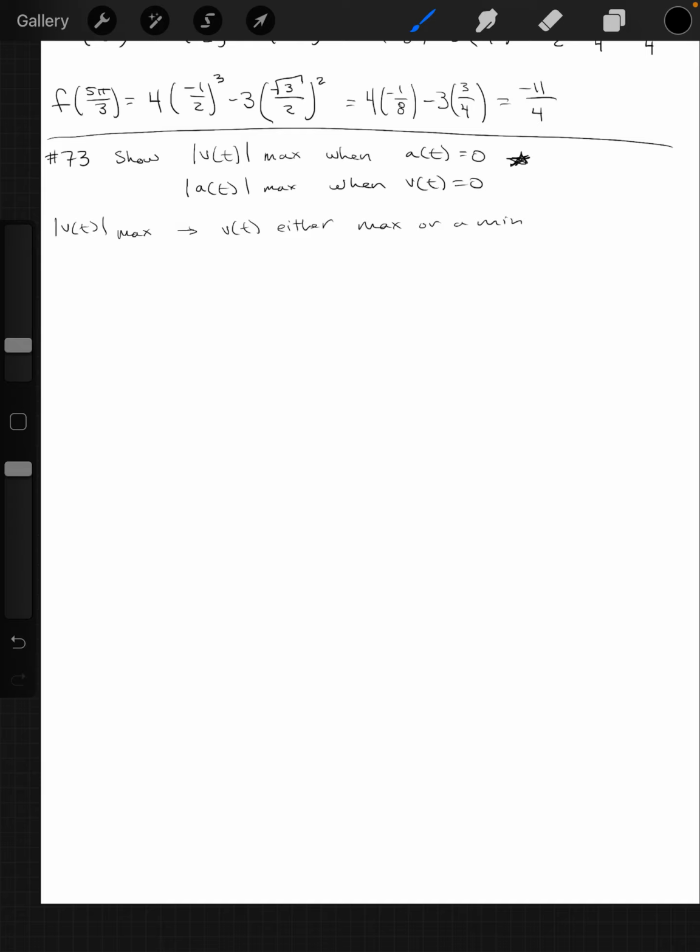And if the velocity was positive, and the absolute value had a maximum there, then the velocity is equal to the absolute value of the velocity, and so you also have a maximum there, right? So this is really just a restatement of saying that a function will achieve a maximum or minimum when its derivative is 0, right? So at those critical points. We don't have a closed interval here, so the only place it could possibly reach its maximum or minimum is when the derivative is 0.